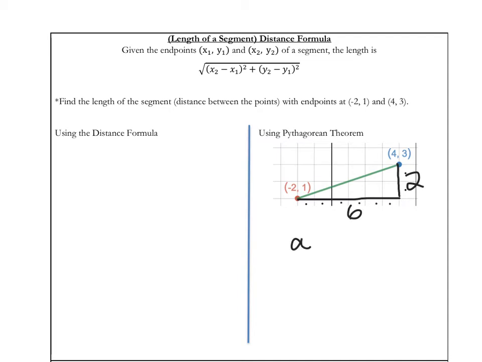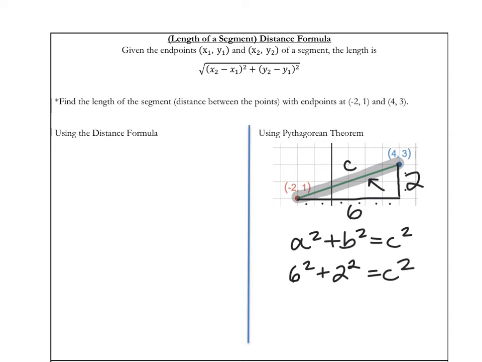I'm going to use Pythagorean theorem, a squared plus b squared equals c squared. The side that's across from the right angle is c. That's what you're solving for, because I want to know what's the length of this segment. Okay, my sides for a and b are 6 and 2.